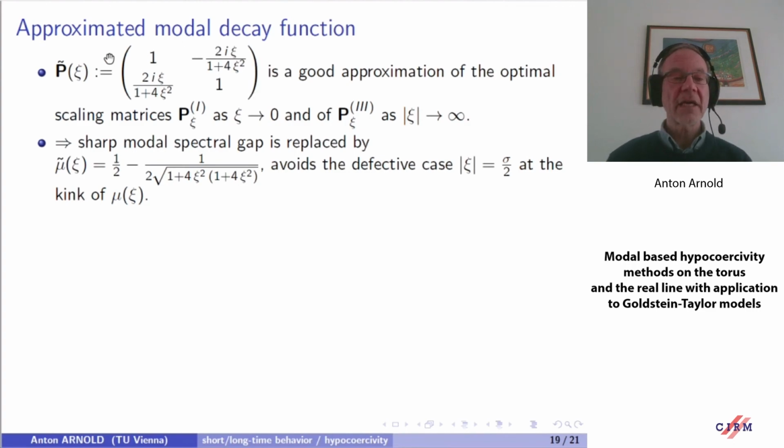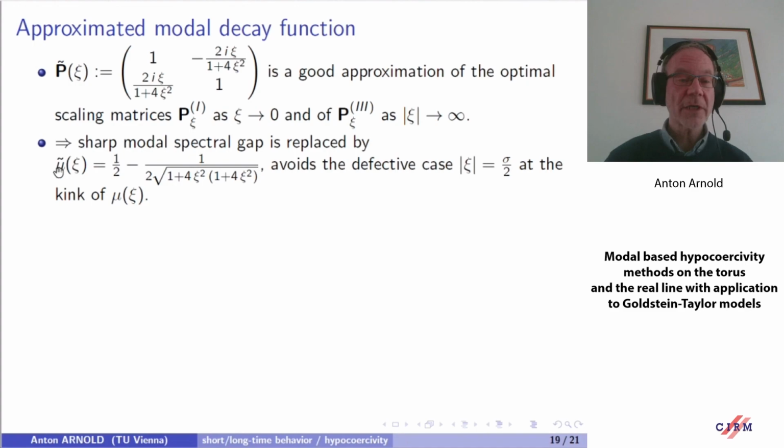And in fact, this matrix family, now as a function of the modal variable psi, turns out to be a really good approximation of the sharp, the optimal scaling matrices in both limiting regimes, for small modes and for large modes. Then from this cooked up scaling matrix, you can compute the corresponding spectral gap for the modal ODEs.